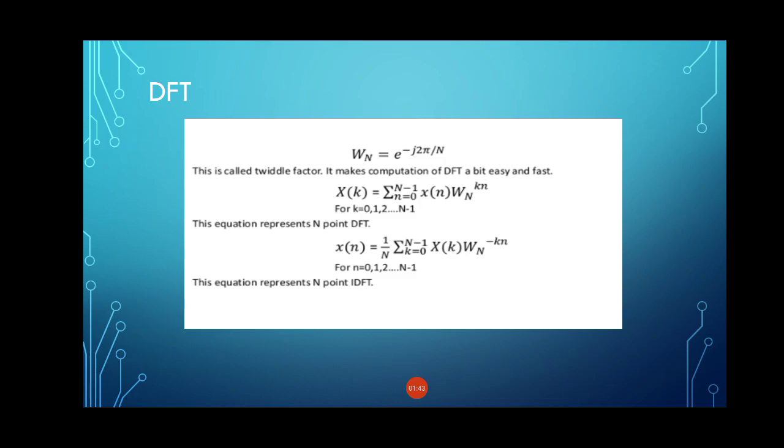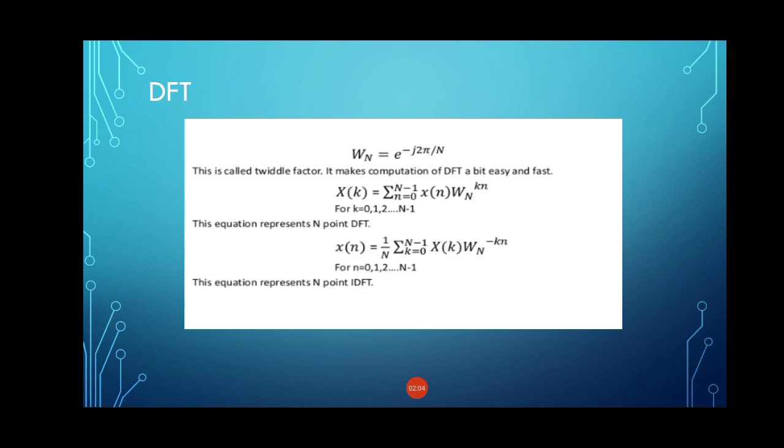So what we notice here is the limits of the summation has changed from 0 to capital N minus 1, previously which was minus infinity to infinity in the case of DTFT.